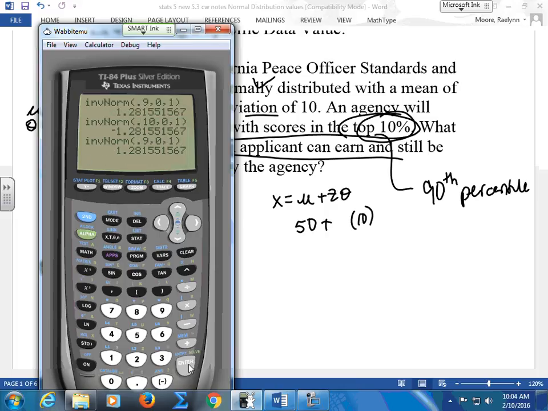Now, what if I looked up 10%? Would I be okay to look up 10%? What's going to happen if I look up 10%? It's going to be the opposite, but isn't it still going to be 1.28? It's just going to be the negative part of it.